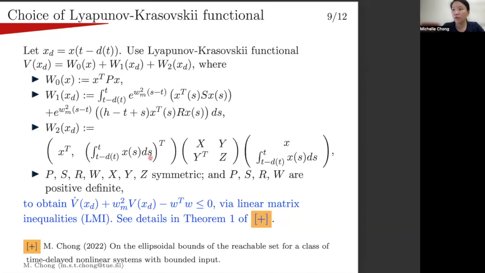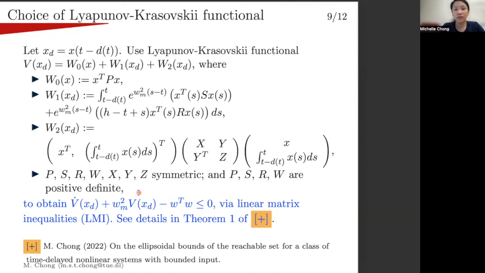Important terms to point out are the symmetric and positive definite matrix P, which we're going to use to build our bounding ellipsoid. Other terms are Wm, which is the bound on the input, which we assume that we know, and the other matrices, S, R, X, Y, Z, W, which have the properties stated on this slide and can also be found in detail in the paper.